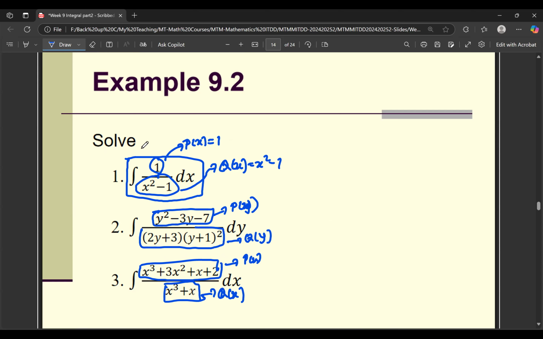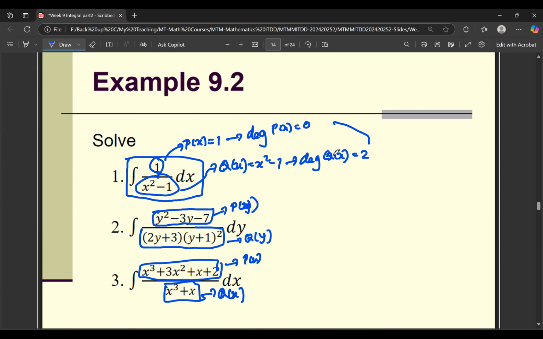In number one, we know that the degree of Px is zero, because it is a constant. The degree of Qx will be two. You know that the degree of a polynomial is its highest power, and in this case the highest power is two.